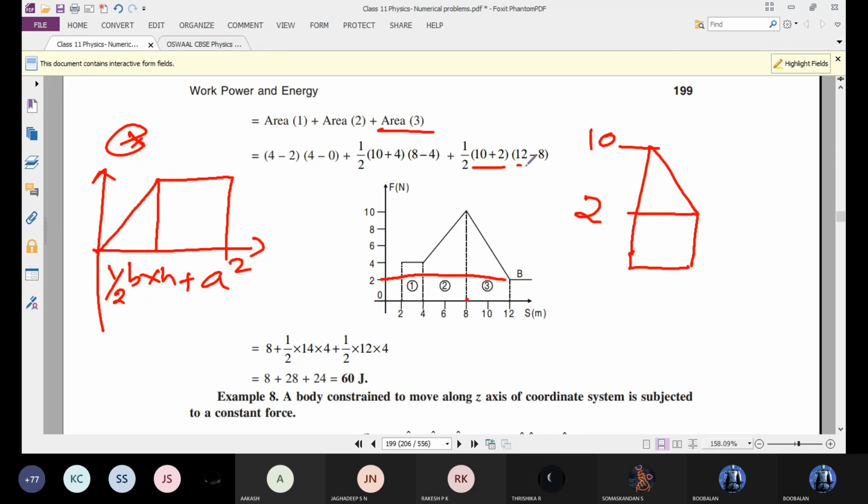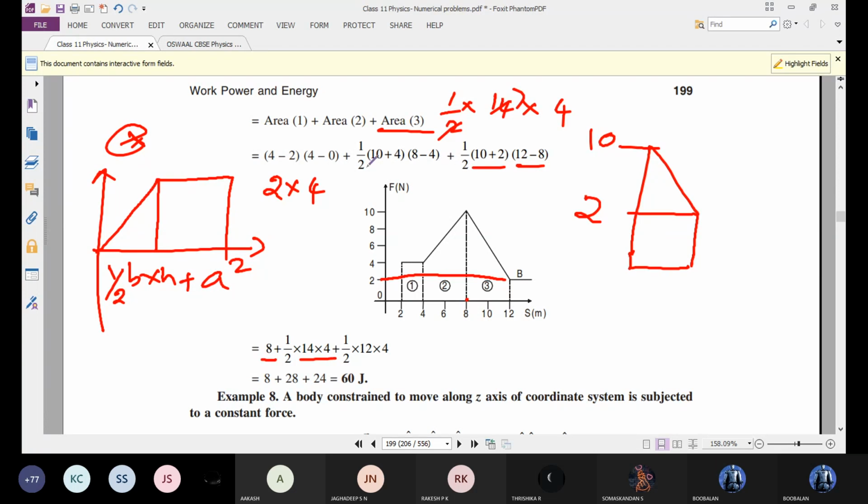Now do the simplification. 4 minus 2 means you will get 2 into 4. That is 8. 1 by 2, 10 plus 4, 14. 8 minus 4, 4. So 7 times 14 into 4, that is 1 by 2, 14 into 4.